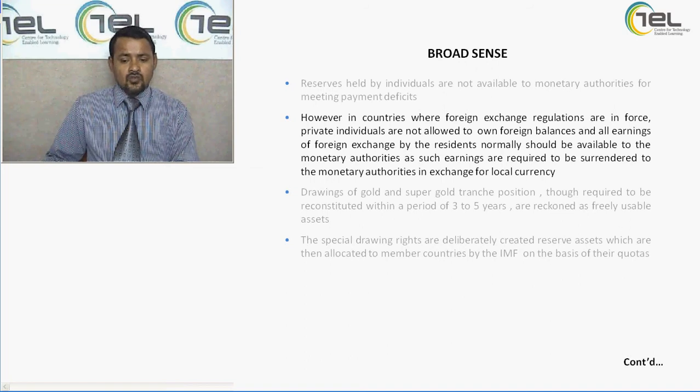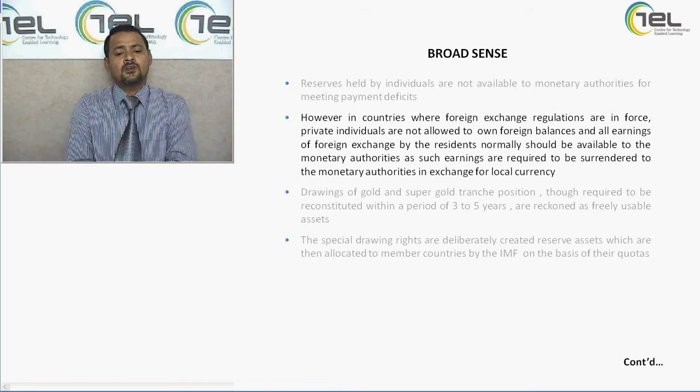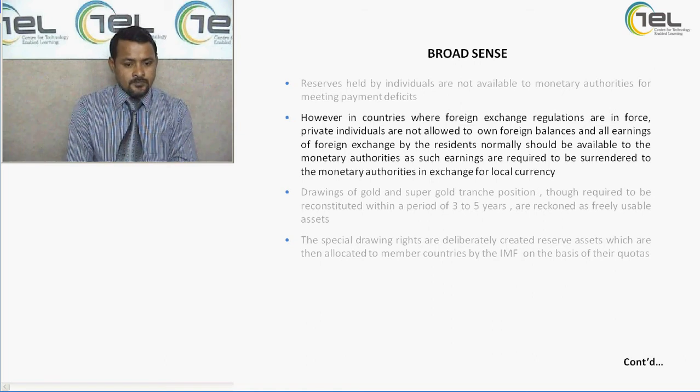For example, in India, a certain kind of tax deduction is allowed to individuals as well as export oriented undertakings under sections 10A, 10B and 10C: if they deposit all the foreign exchange earnings of a particular financial year with the monetary authority, they get the benefit of a tax deduction for a particular number of years in a particular percentage.